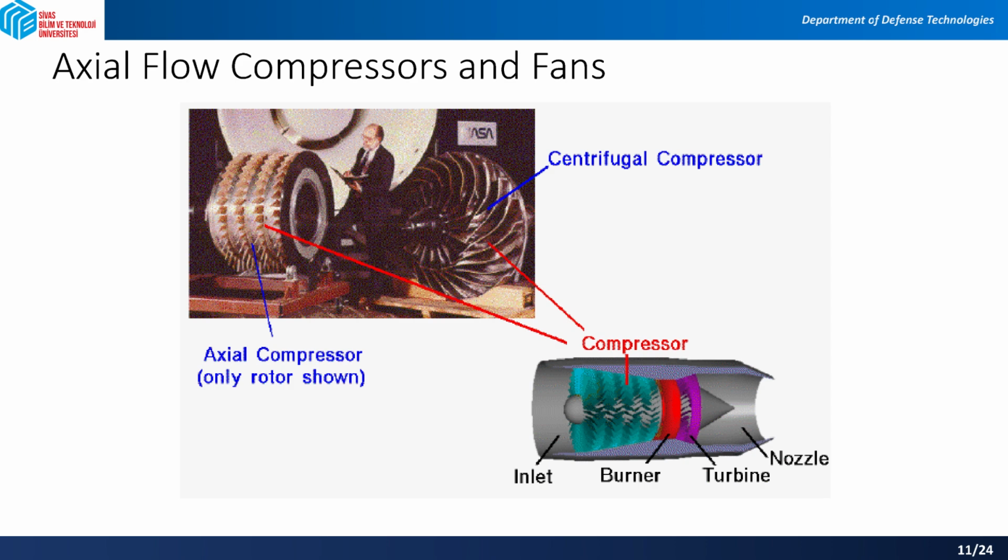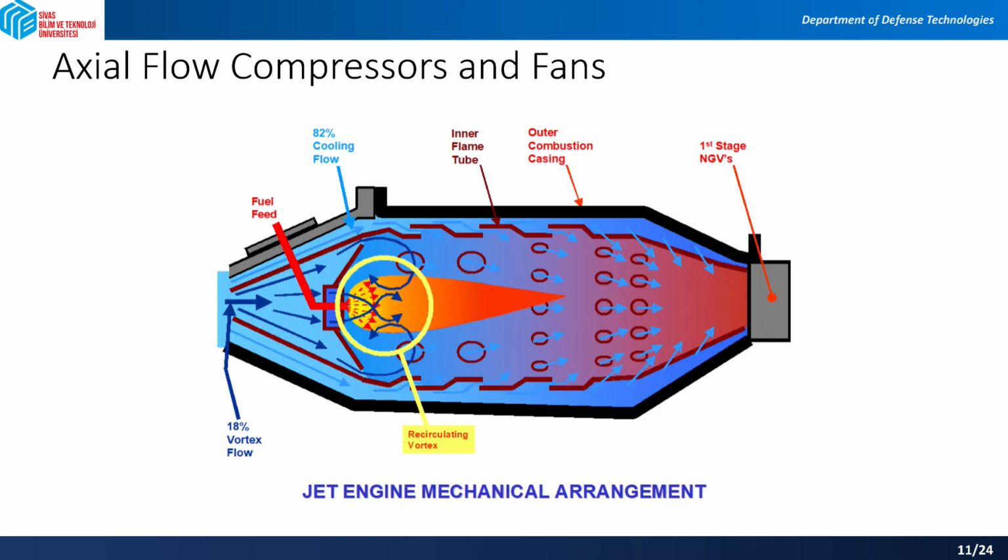So in the combustion chamber, or the combustor, you really need high pressure and you really need low velocity. That means low kinetic energy. But why? Because when you have high pressures, you can do this combustion process more efficiently.